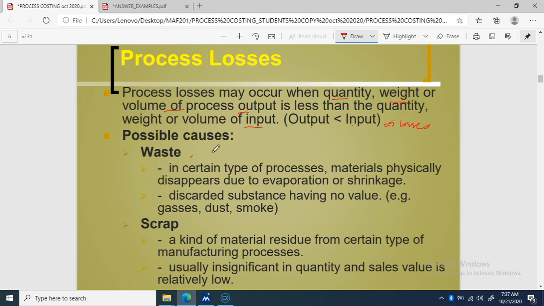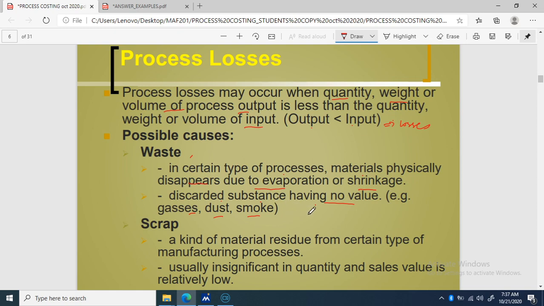So what is waste? Waste is when, in certain types of processes, materials physically disappear due to evaporation or shrinkage. That means a discarded substance having no value. Examples are gases, dust, smoke. For example, when you boil water to produce a drink, let's say the input is 1 liter.